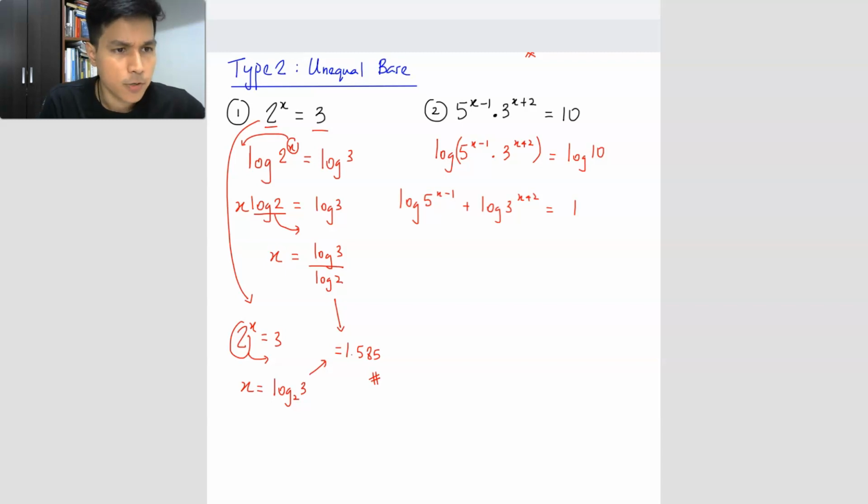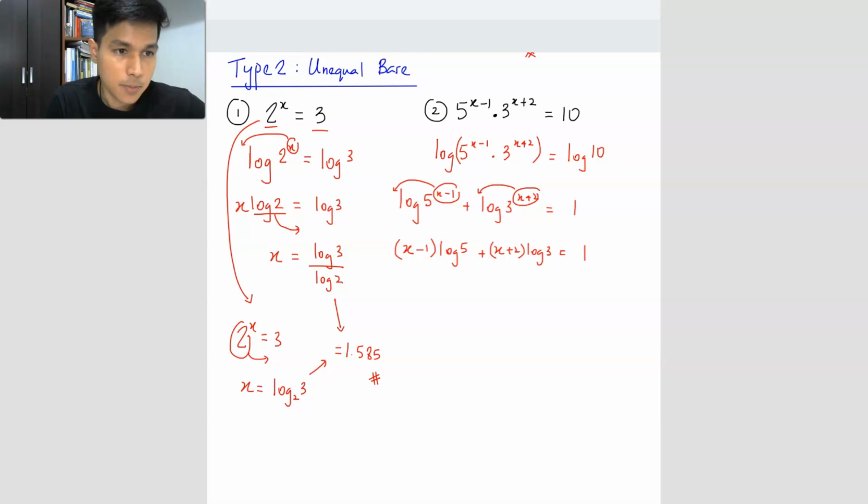So now what do you do? Same as the first part just now, you can bring the power to the front. So you get (x minus 1) log 5 plus (x plus 2) log 3 equals 1.